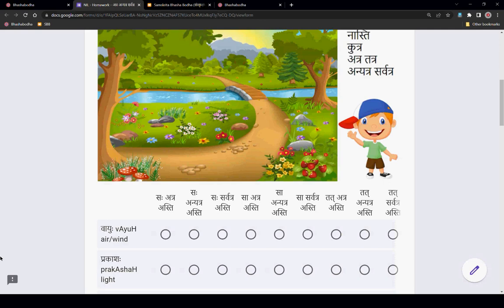Now, by becoming familiar with a few Sanskrit words and vibhakti, our tendency becomes to use these words to fit the usage of those specific languages.